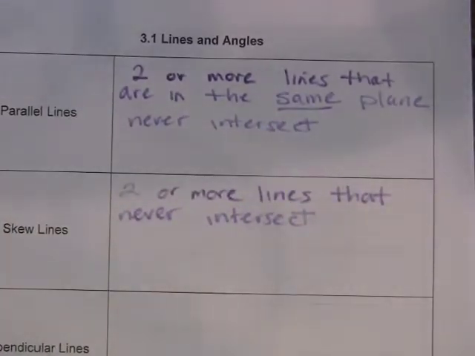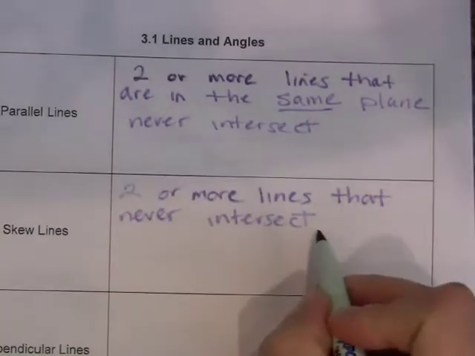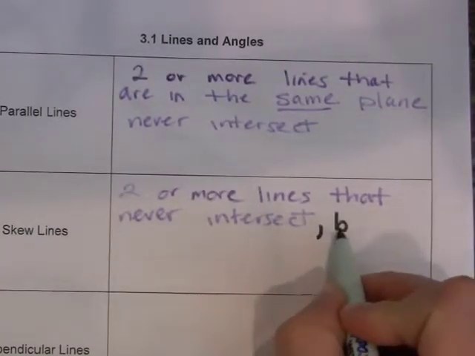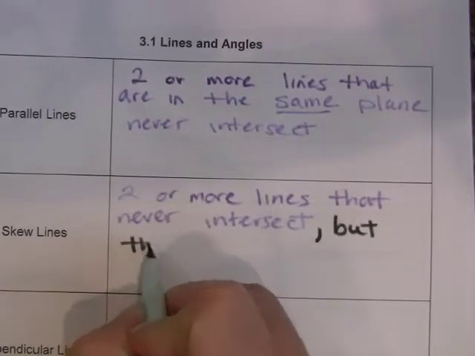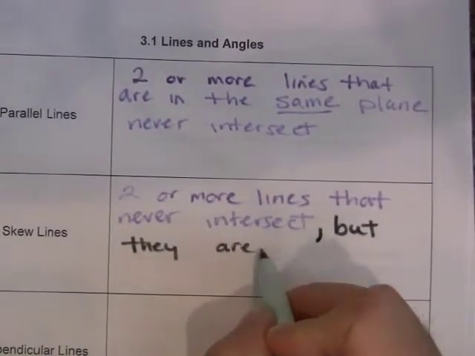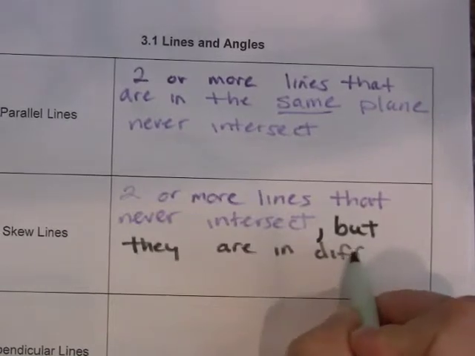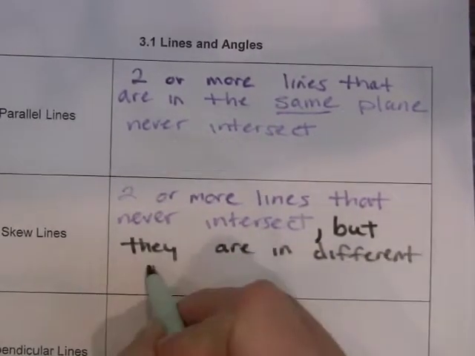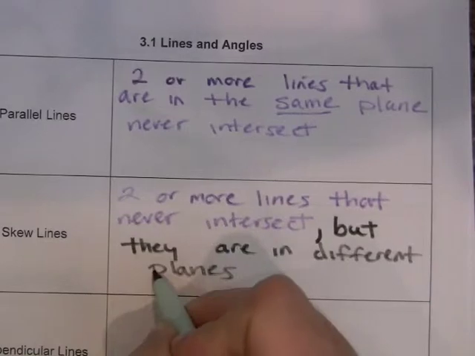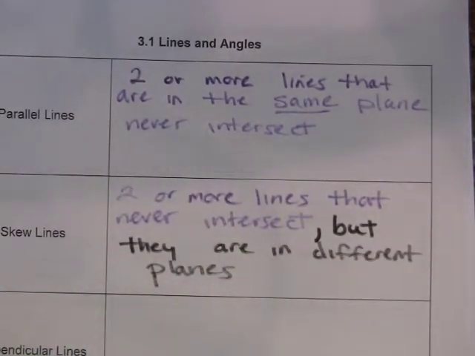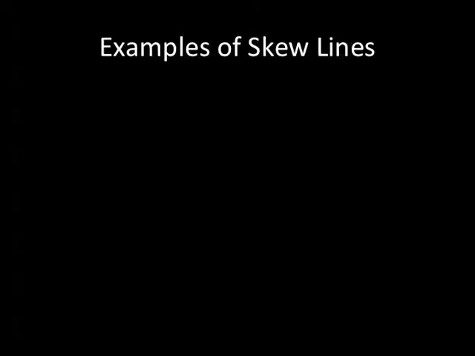But the key difference between that and parallel lines is that they're in different planes. Okay, so parallel lines never intersect, skew lines never intersect, but parallel have to be in the same plane. Skew can be in different planes.